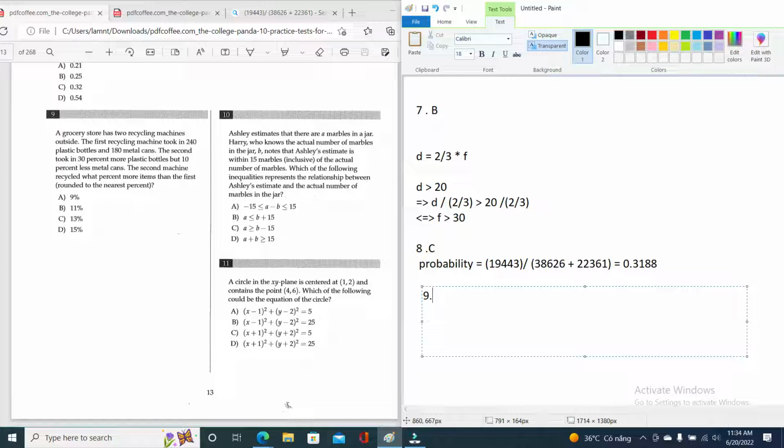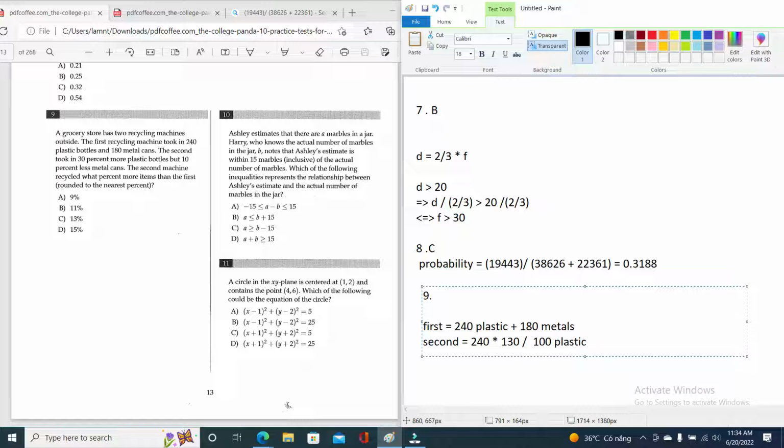Okay, so the first is 240 plastic and 180 metal, right? And the second has 30% more plastic, so it's 240 times 130 over 100, because it's 30% more plastic.